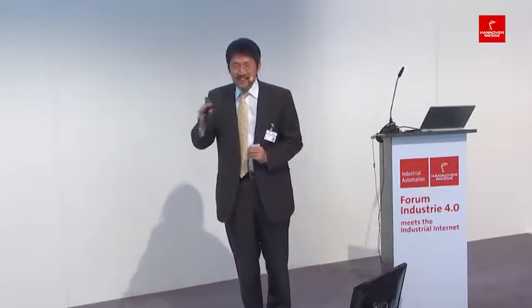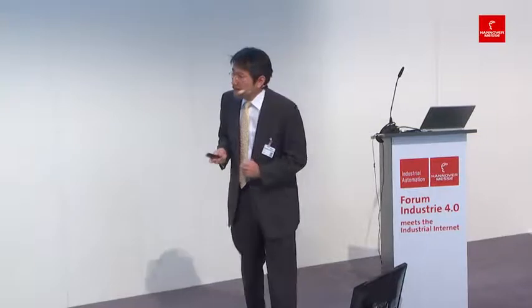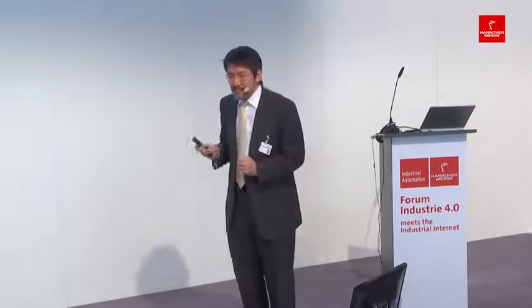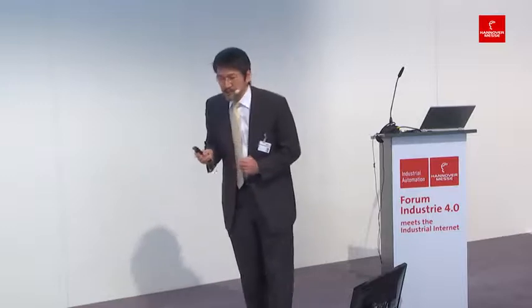So each working group starts from scratch every year, every cycle. And last year, we used this kind of digital tool to make a model of the scenario for the use cases.